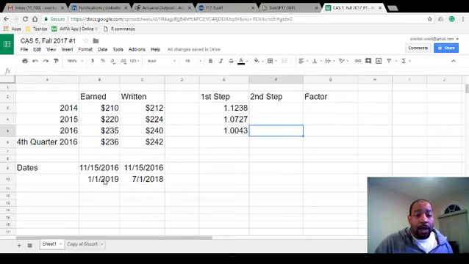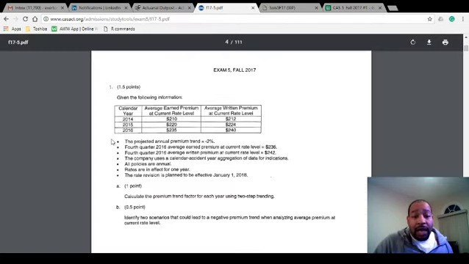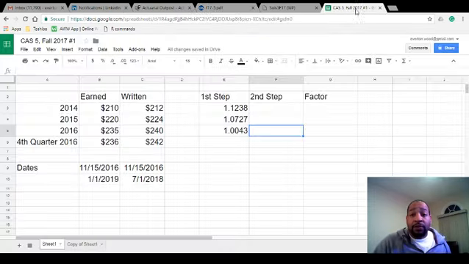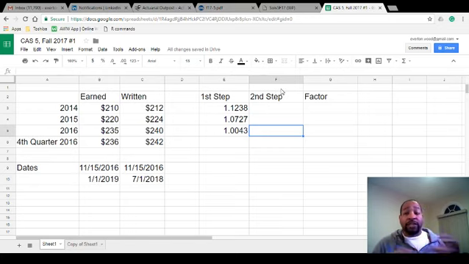Now, for the second step, go back to the problem, and it says that we have an annual premium trend of negative 2%. So just to be really technical, there's a 2% decrease. We need to apply that rate change over the time period, bring these factors forward by that rate, and apply that to the 2018 policy year we're looking at.